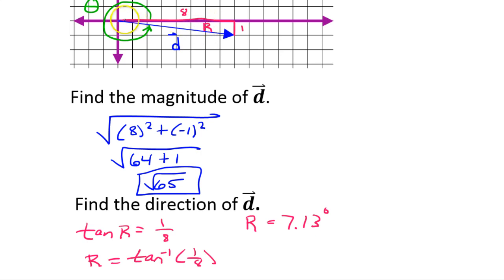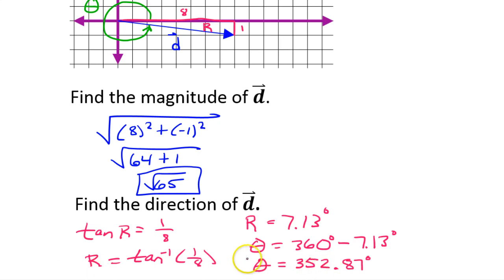So that means theta is going to be 360 degrees minus R. It almost goes all the way around, but it stops short by the amount R degrees. So the direction is 352.87.